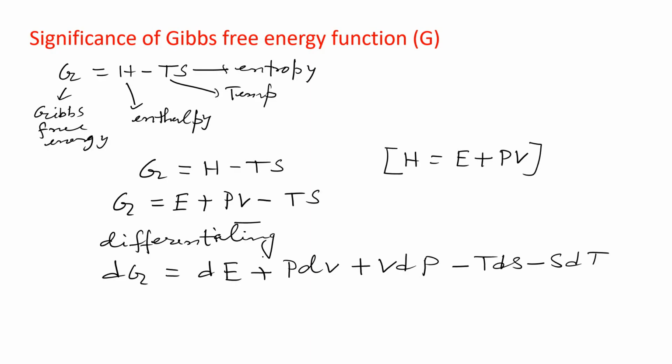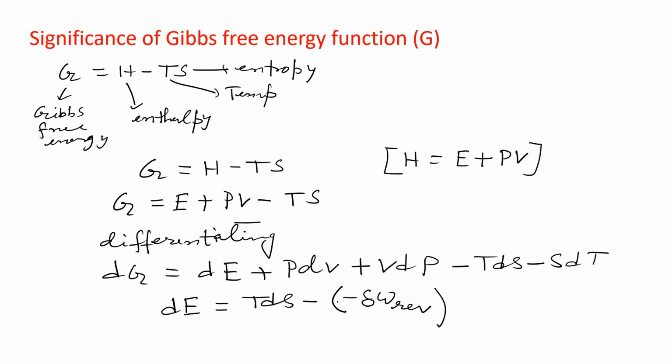Okay. Now, just now we have derived, from the first and second law of thermodynamics, that dE is equal to, what we got? That is TdS minus the reversible work done by the gaseous system. Now in place of this dE, we'll put this value. We'll write in the next slide.